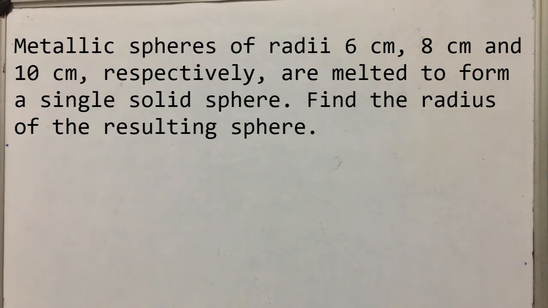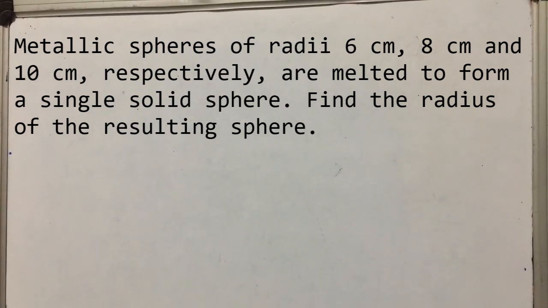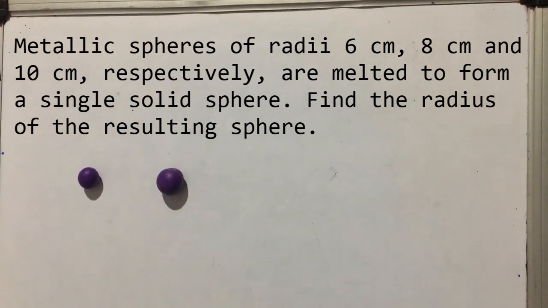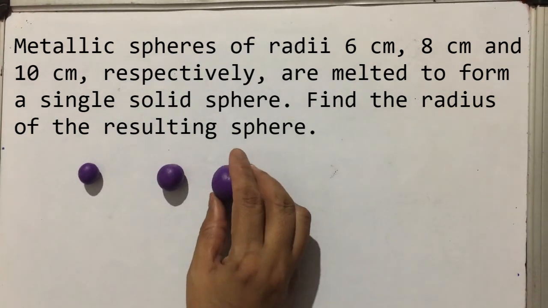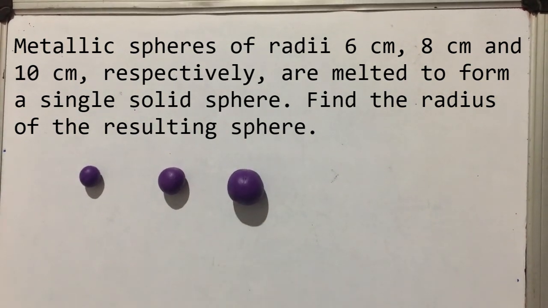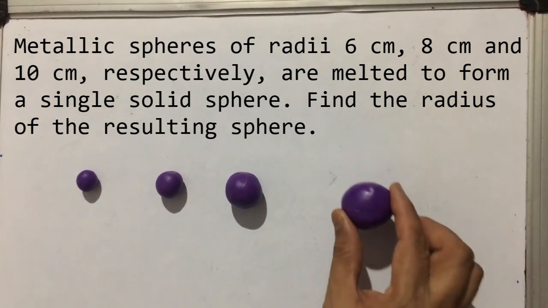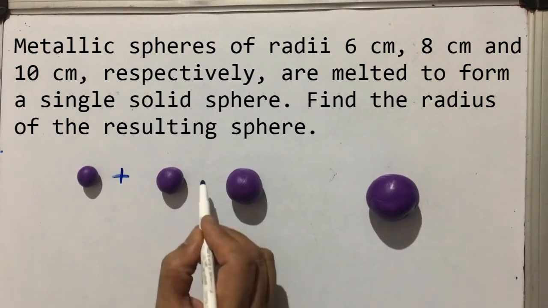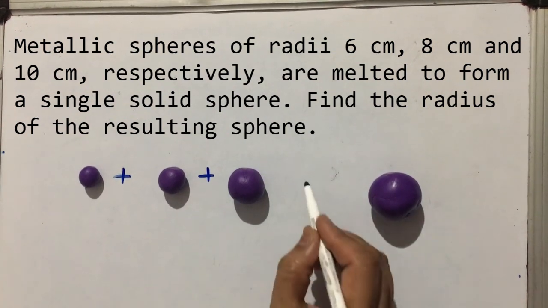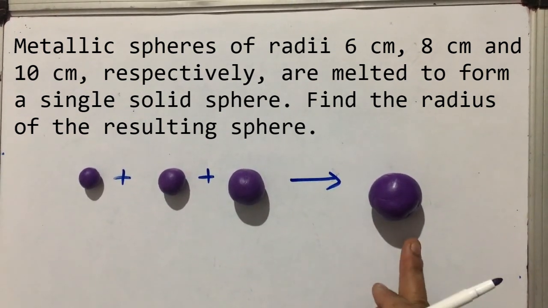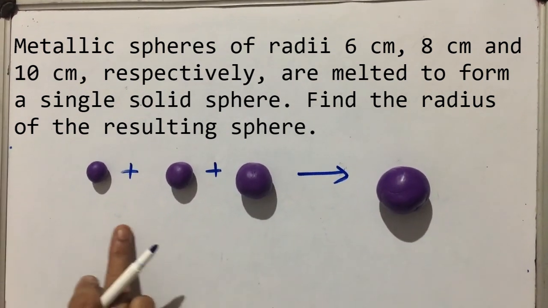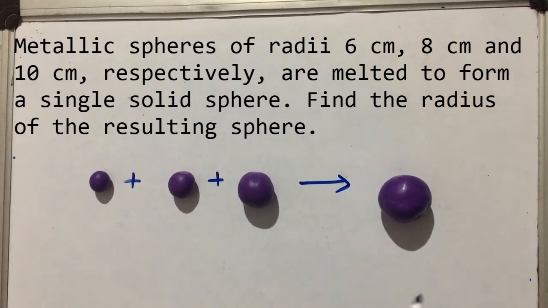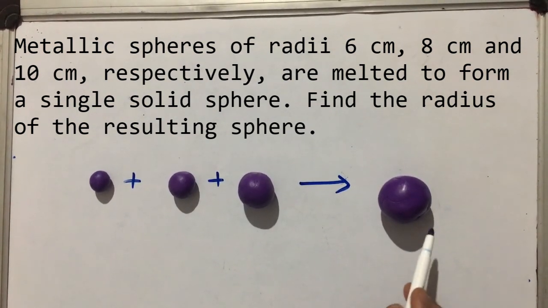Given that metallic spheres of radii 6 centimeters, 8 centimeters and 10 centimeters respectively are melted to form a single solid sphere. This plus this one, totally it is forming a big sphere. So for the convenience I have taken a clay sphere. Here we have to find out what is the radius of the resultant sphere.